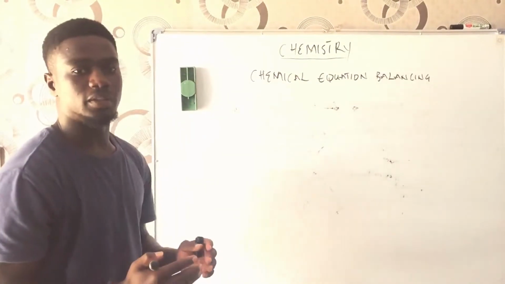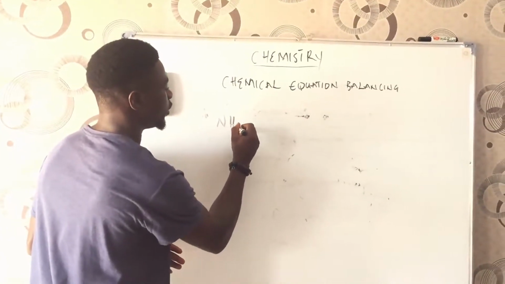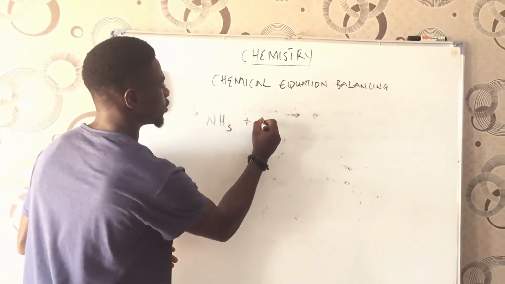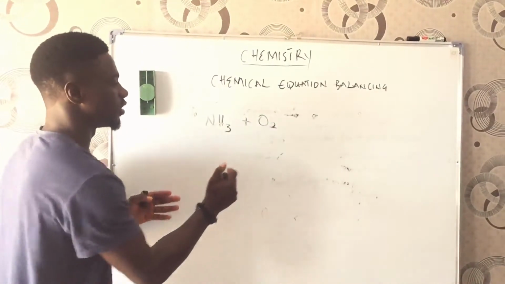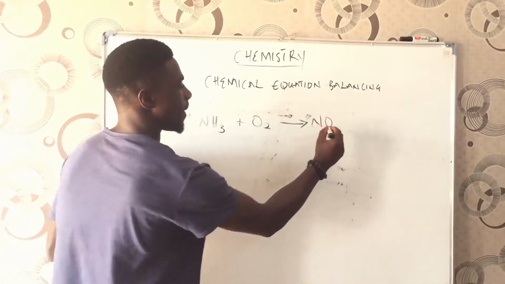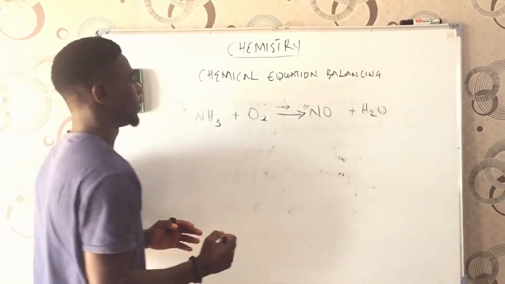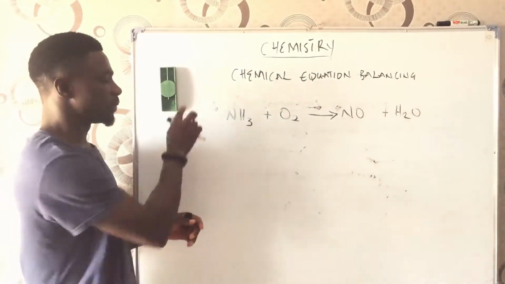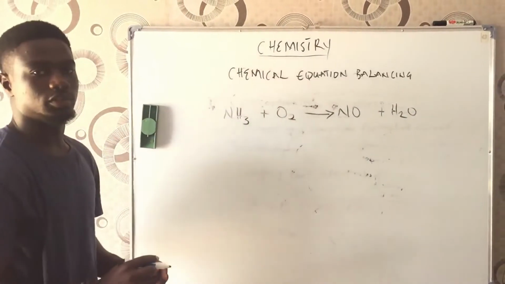Now, let's talk about our first example, which is the reaction of ammonia plus oxygen. If you react ammonia plus oxygen, it gives you nitrogen oxide plus water. Now, this is an example of a chemical reaction.